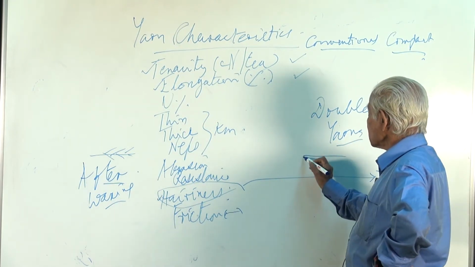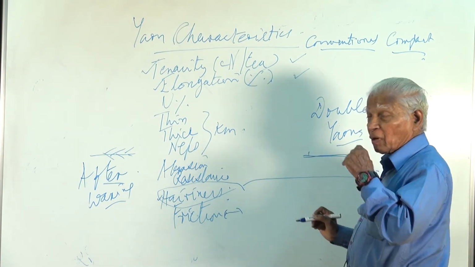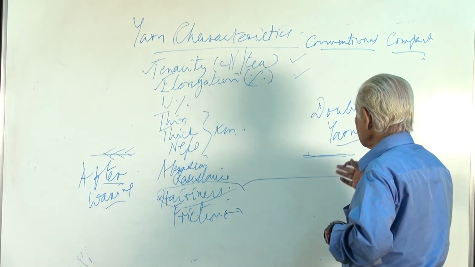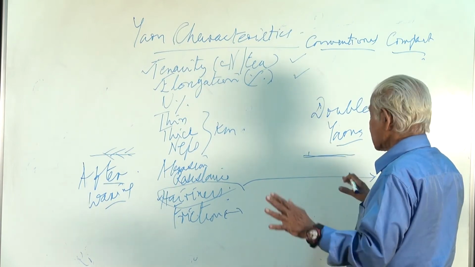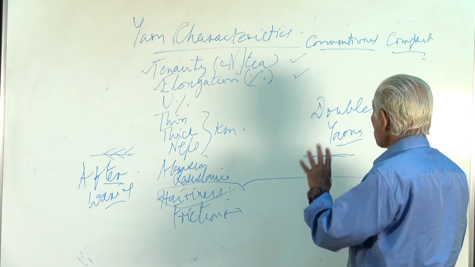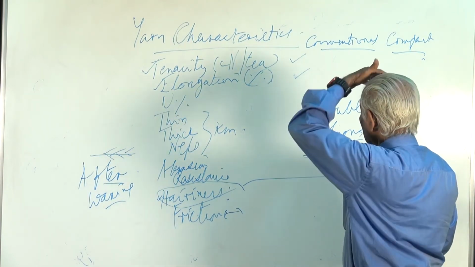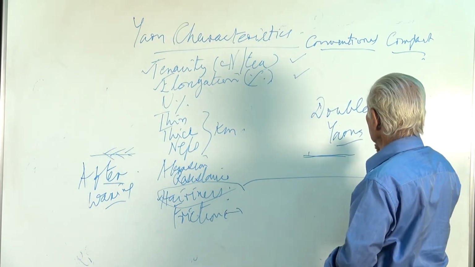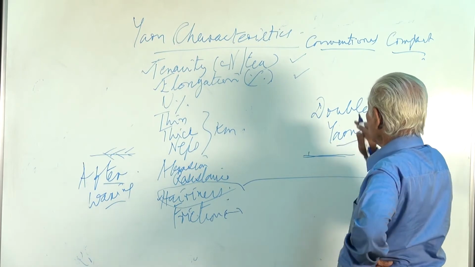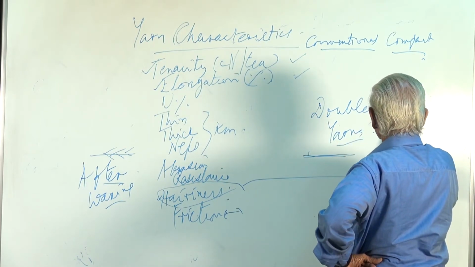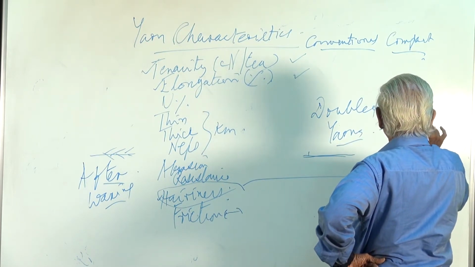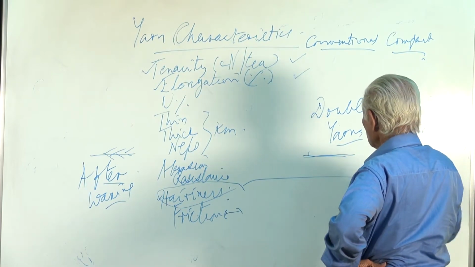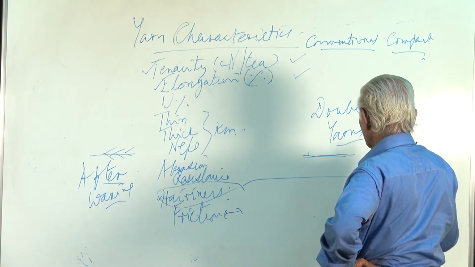When one yarn is combined with another yarn, most of the irregularities or hairiness are all suppressed. So a doubled yarn is superior to a single yarn. In fact, in knitting only single yarns are used, double yarns are not used, whereas in weaving double yarns are used for suiting. For certain types of shirting also two-fold yarns are used, but in suiting invariably two-fold yarns are used.